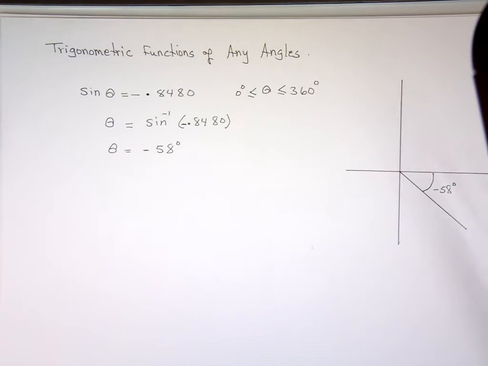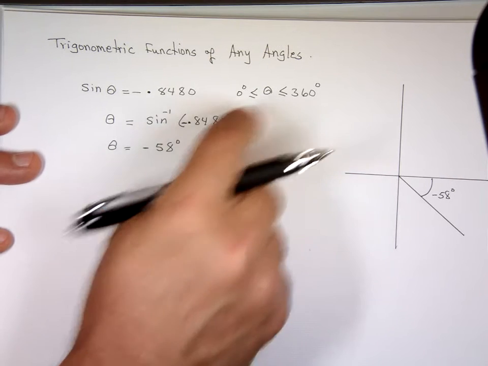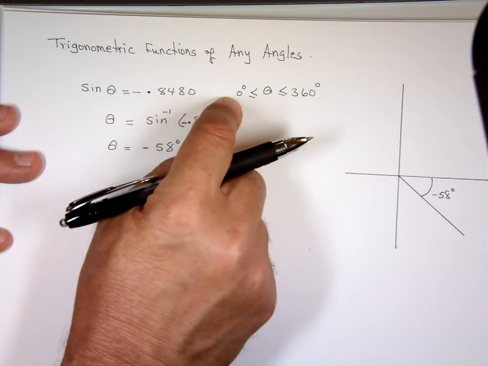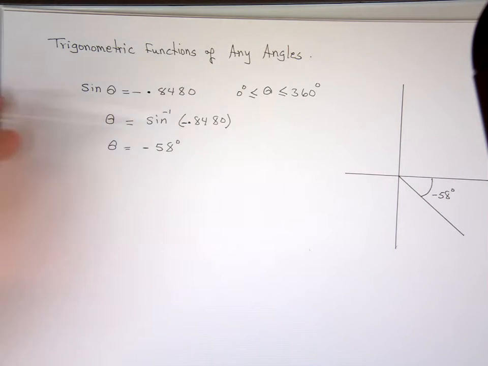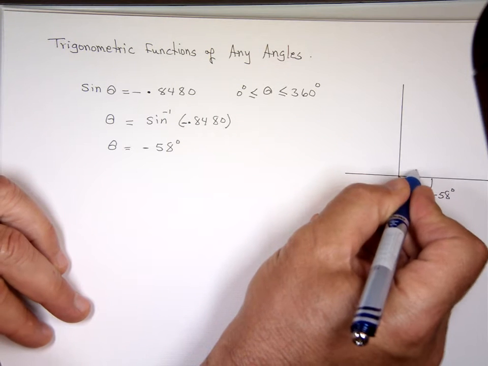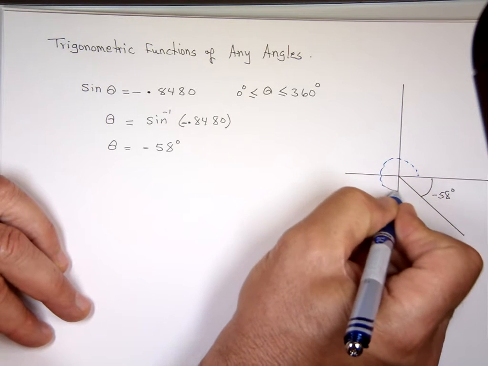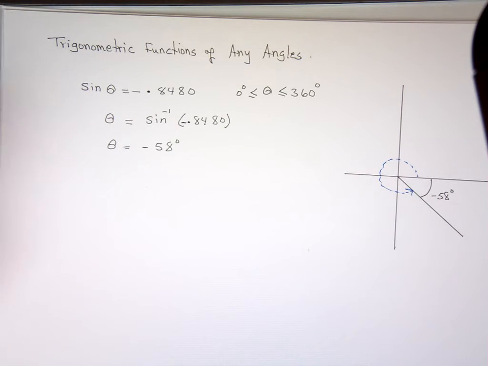But I don't want to use a negative value because the problem says use positive values bigger than 0, less than 360. Negative 58 does not fit that. So the coterminal of this angle is, if you travel this way, if you go in that direction, what's the value of that angle?